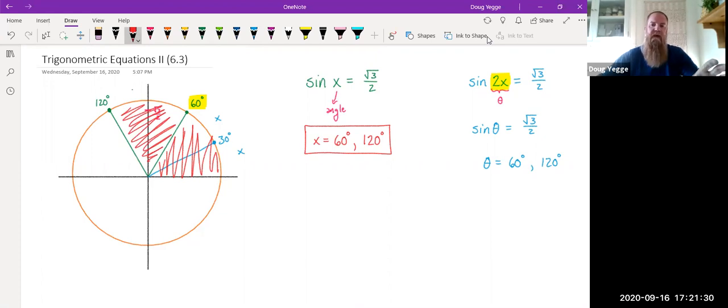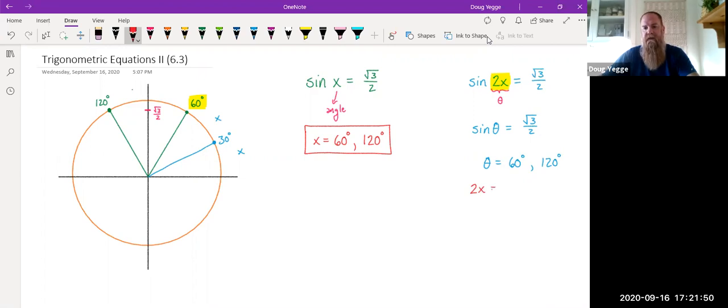So in general, when we have an angle that's not exactly just a single variable of, say, x, what we need to do instead is replace that with the angle theta, and now recognize that theta is in fact 2x.